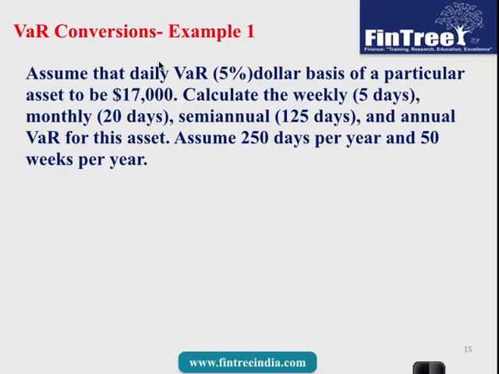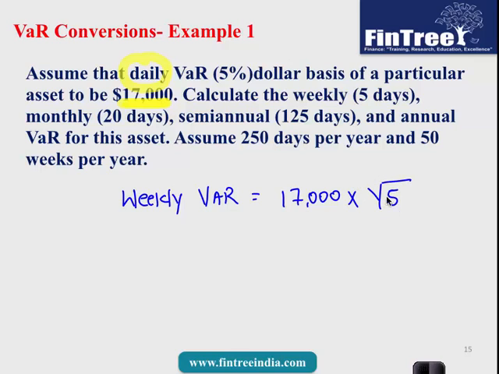See, now we have a daily VaR of 17,000 and you have been asked to convert that to weekly. So how will you do weekly? You would say weekly VaR is equal to daily VaR 17,000 multiplied with under root 5, and monthly VaR here would be 17,000 multiplied with under root 20.